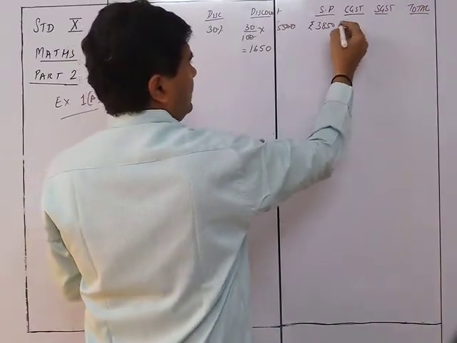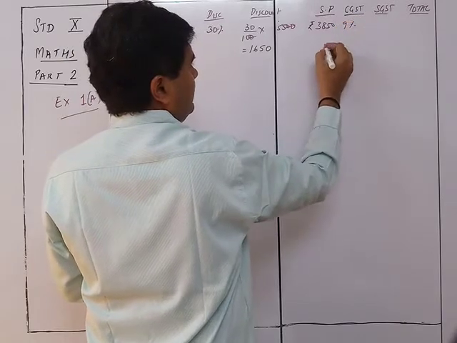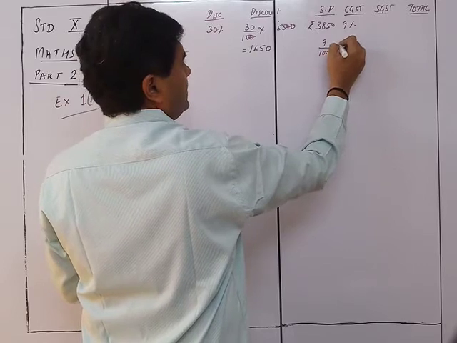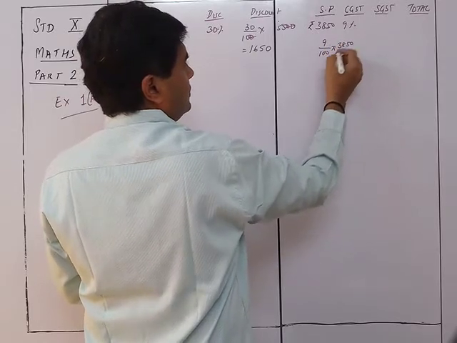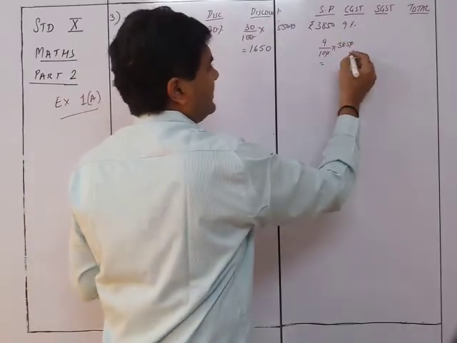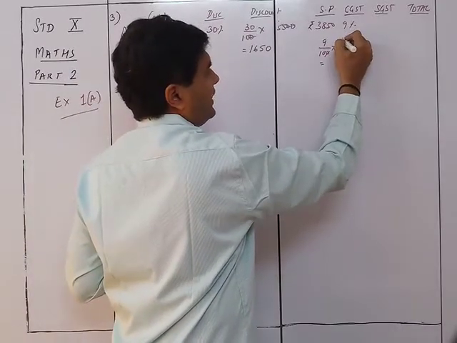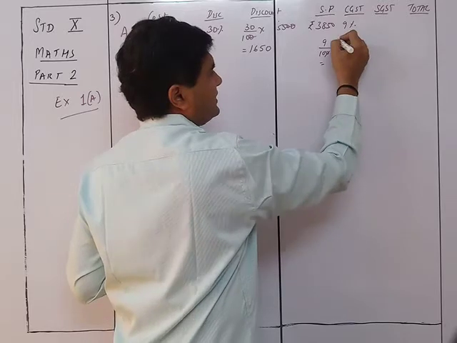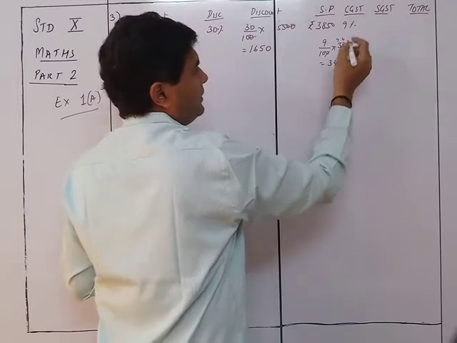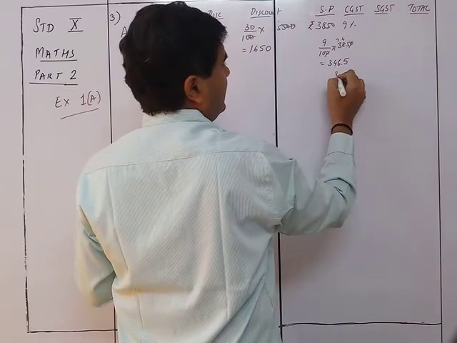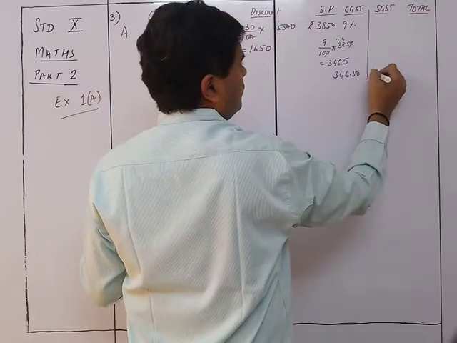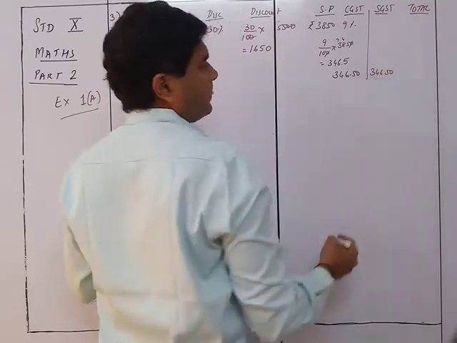So this over here will be 9%. We do the calculation here, 9 upon 100 into 3850. That gives 346.50. Over here will be 346.50, right?